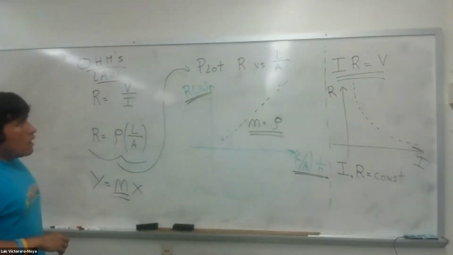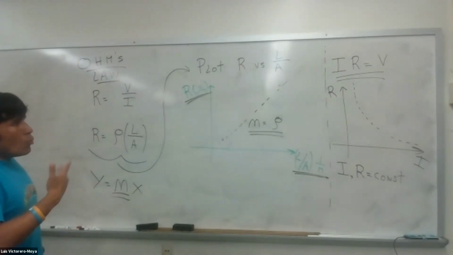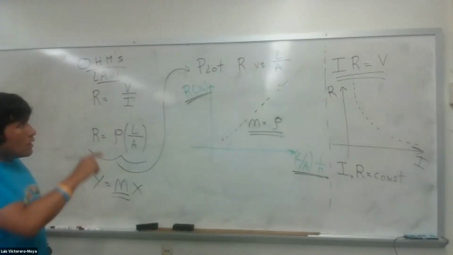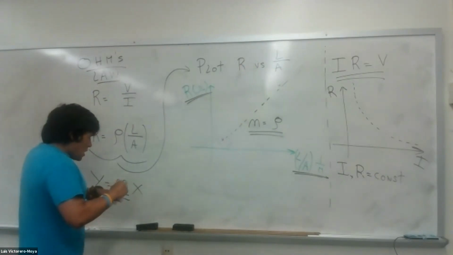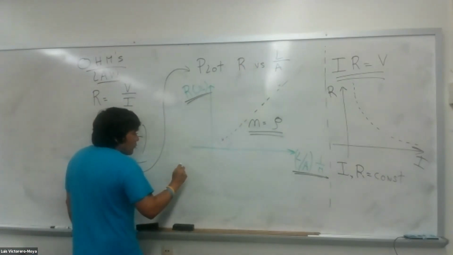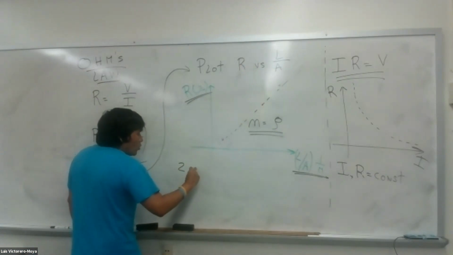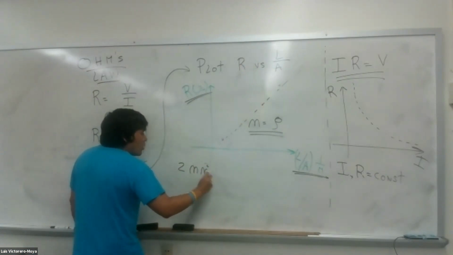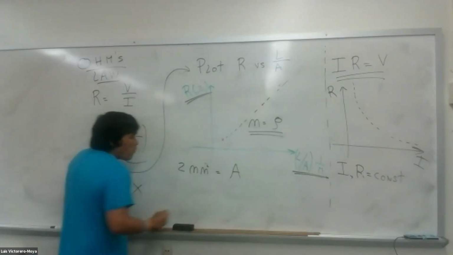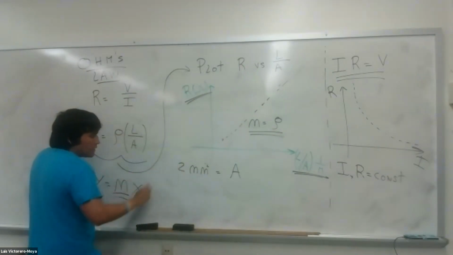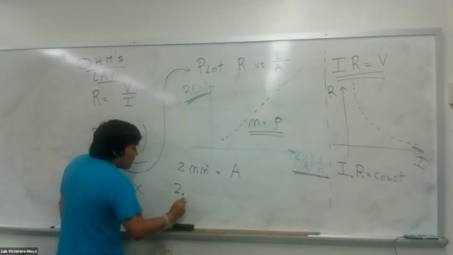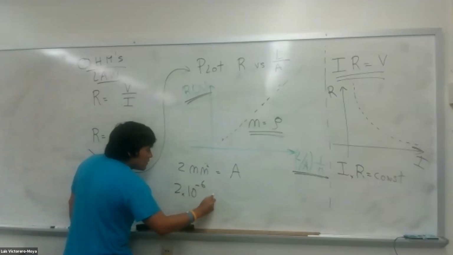Okay? And then we did some problems using the different sizes, different areas. Something I want to put here. If you were given, for example, 2 millimeters squared for the area, you multiply by 10 to the negative 6 to make it meters squared.